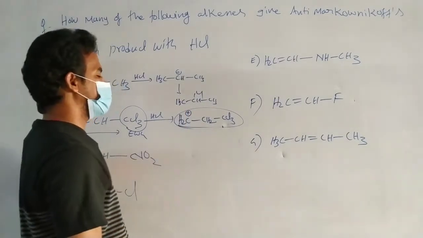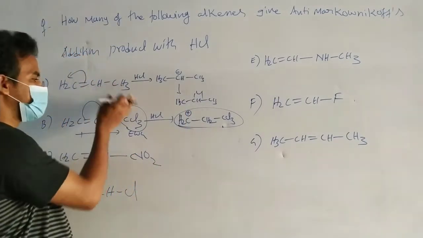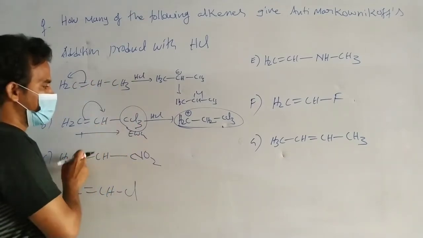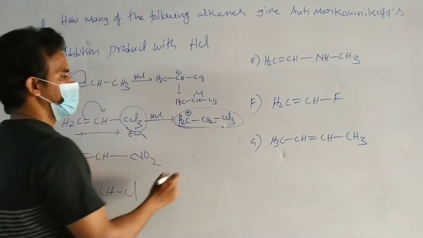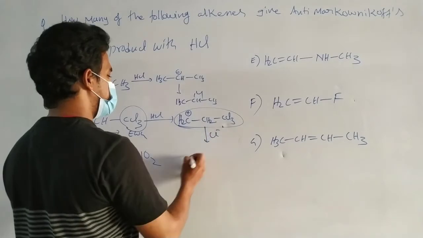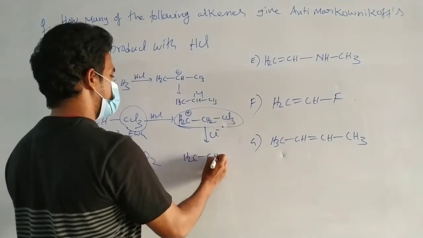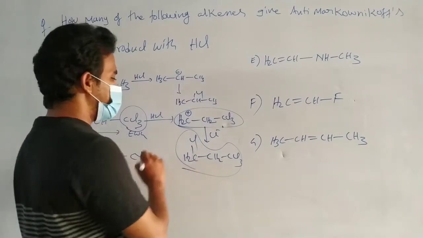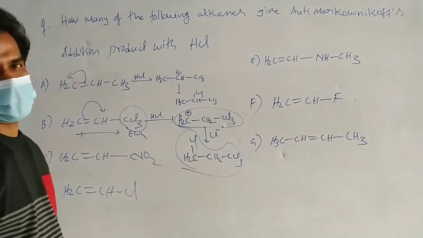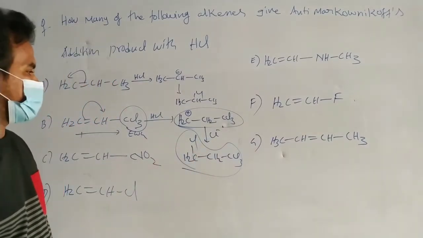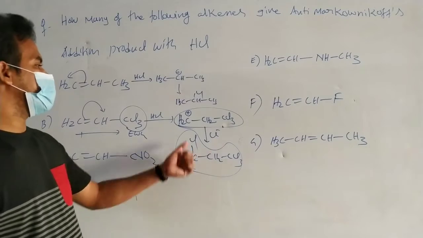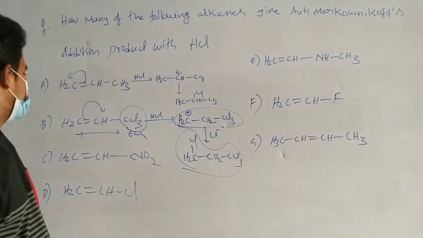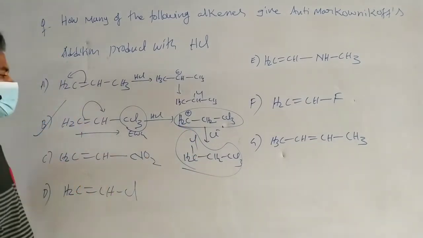Protonation takes place on this carbon, then it is attacked by Cl minus, giving CH2ClCH2CCl3. So it is an anti-Markovnikov addition product, because the negative part is added to the carbon which has more hydrogens.